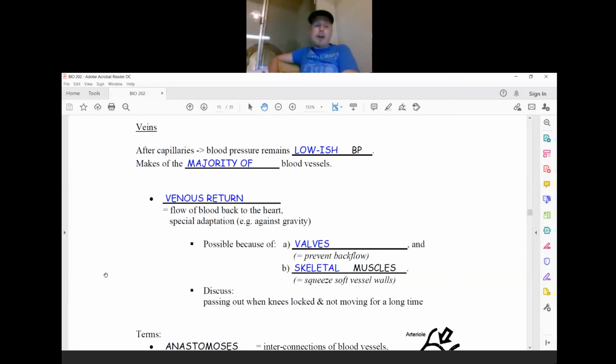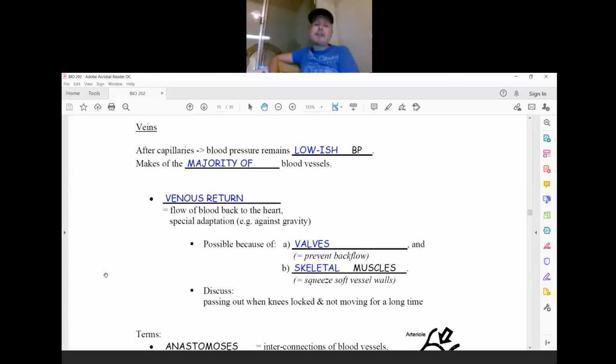And the big concept that I discussed with you guys in terms of the veins was a concept of venous return. So this is all about how the blood flows back to the heart and sometimes, for example, even against the gravity. So this is because of two structures, valves that we find within the veins and also skeletal muscles.